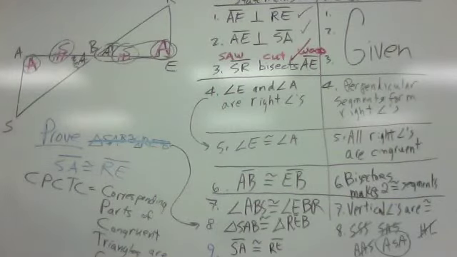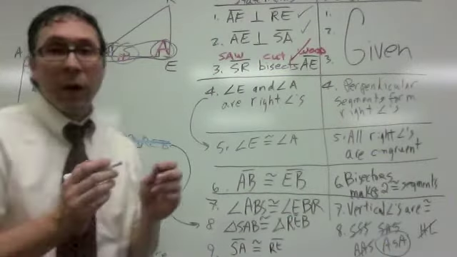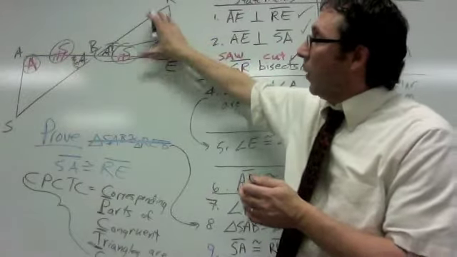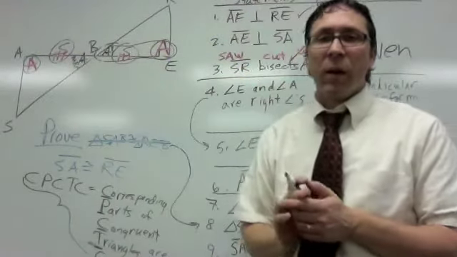It's nice to know what it actually stands for. It's actually very important. Okay, the corresponding parts of congruent triangles are congruent. Okay, and what it means is that once the triangles are congruent, we know that every single part in this triangle has a match to the other triangle.